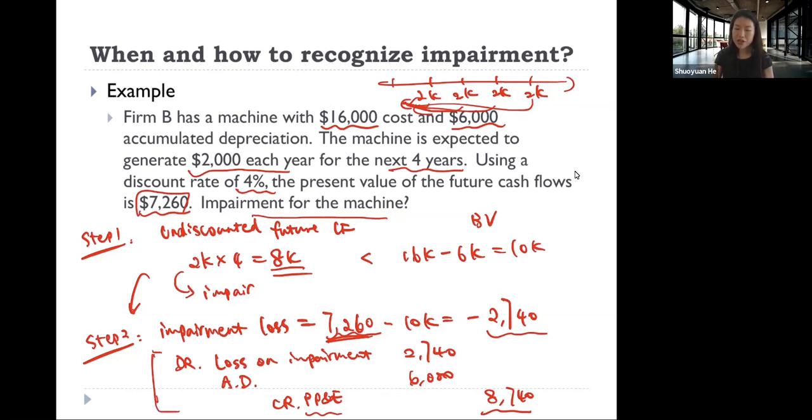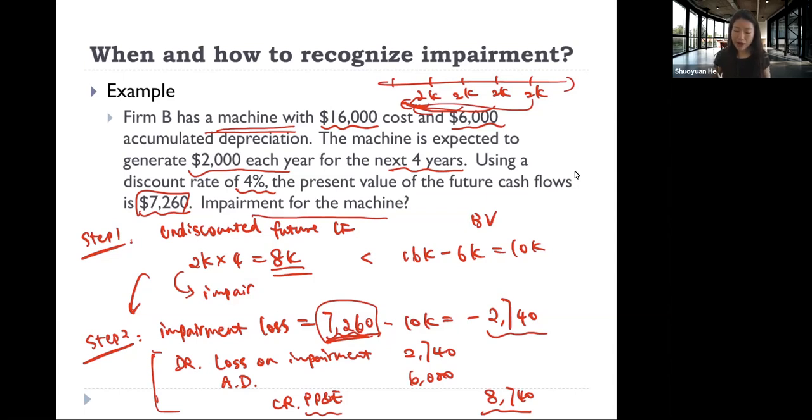So this is actually, we're trying to write down this machine to a new machine. By impairing the machine, we're kind of starting over again with a new machine. And that new machine has a cost of 7,260, and it hasn't been depreciated yet at all.